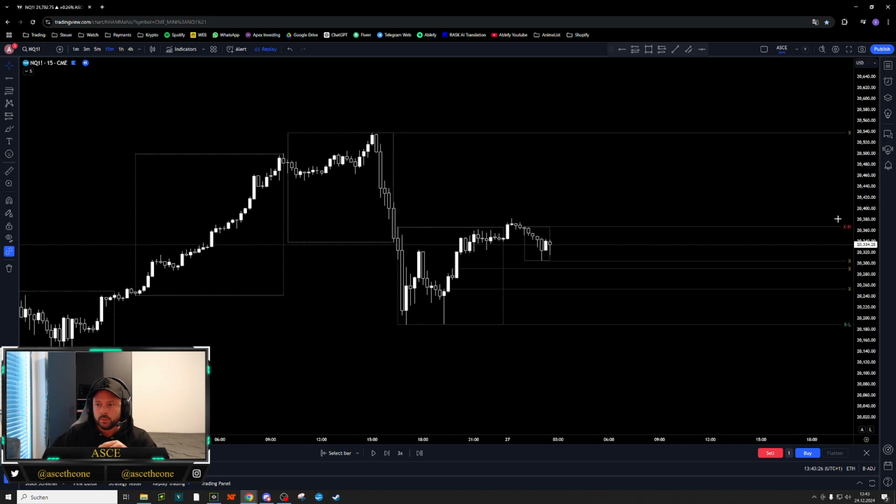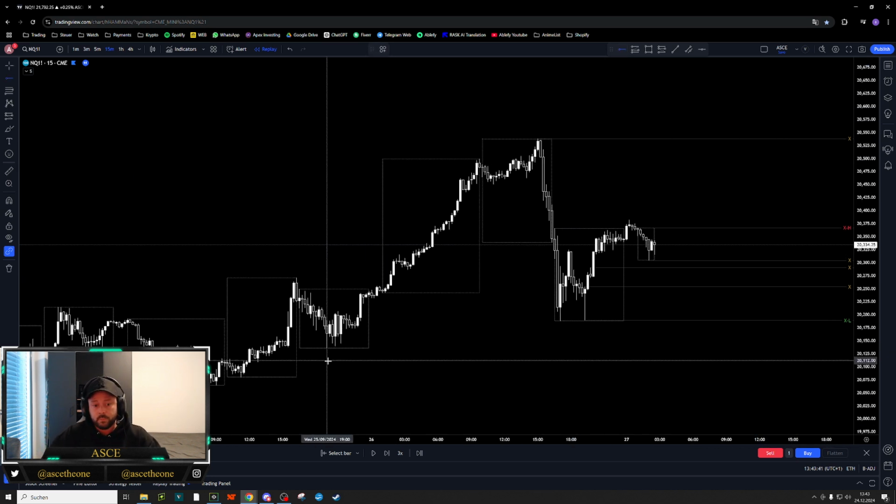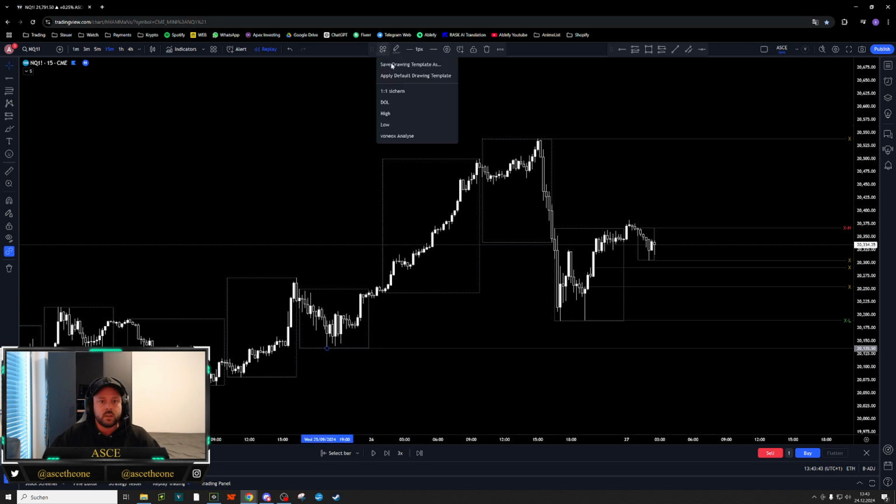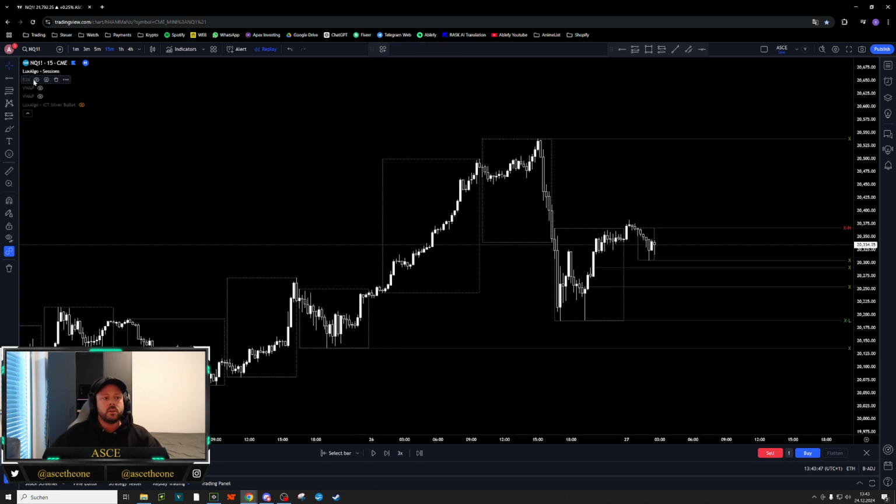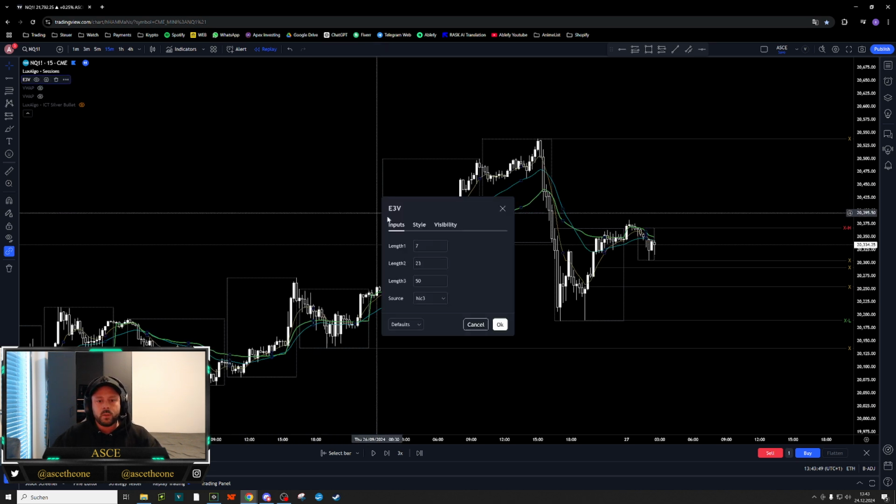That's all you need. And after you mark your liquidity targets, we're starting with our first indicator you can use if you don't like the session indicator. So if you like the session indicator, just start with that. If not, just start with the second indicator. Doesn't matter. And the second indicator is our E3V.